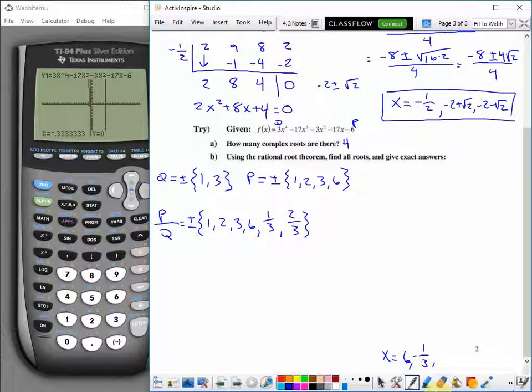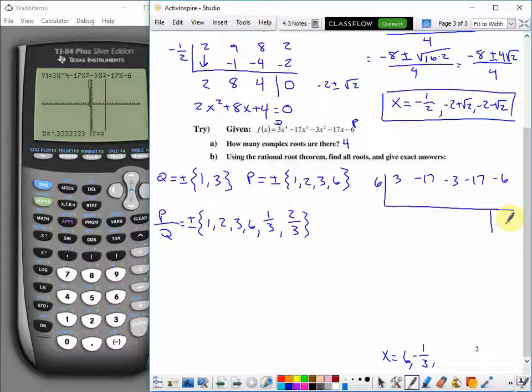Okay, I need 2 more, so I'm going to have to use division. So I'll use the 6 first. It's always nicer just to use the whole number first if there's a fraction also. Okay, so there's going to separate my remainder.